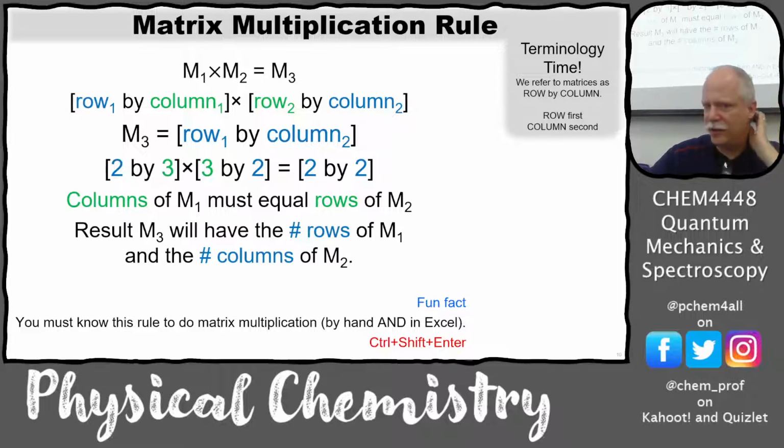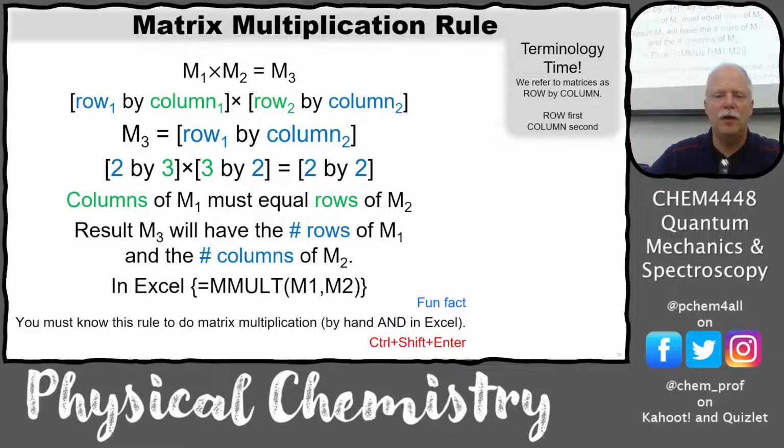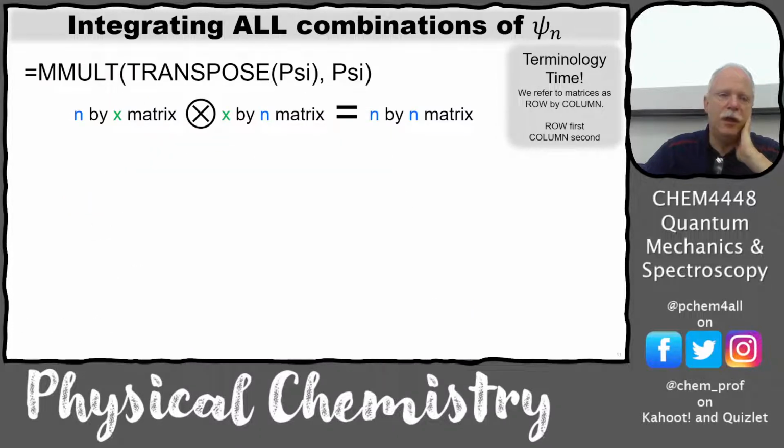I think I talk about this in the Excel boot camp, but I just wanted to refresh your memory on this one. So this is our matrix multiplication rule. And in Excel, this is what we would use. MMULT, matrix 1, comma, matrix 2. Okay. So in terms of our wave functions, we have our wave functions in columns.